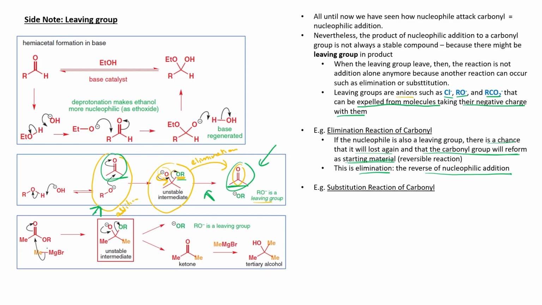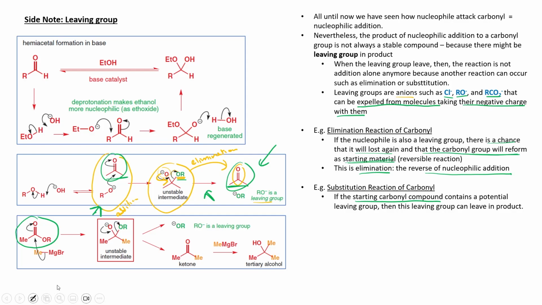For example, look here. If the starting carbonyl compound contains a potential leaving group, so here this starting material already has this leaving group, then this leaving group has the possibility to leave the product during the reaction.